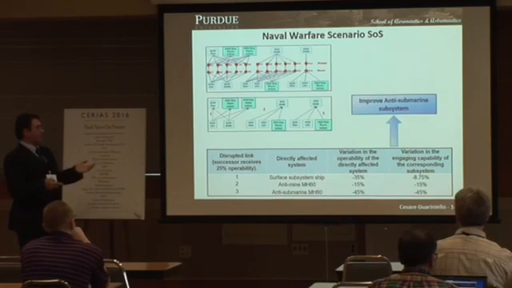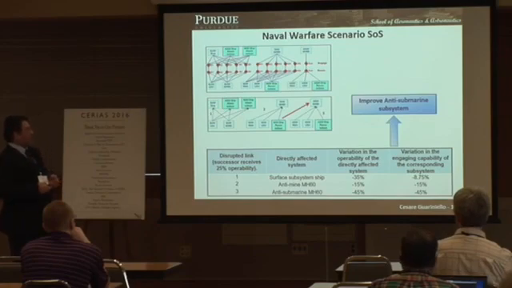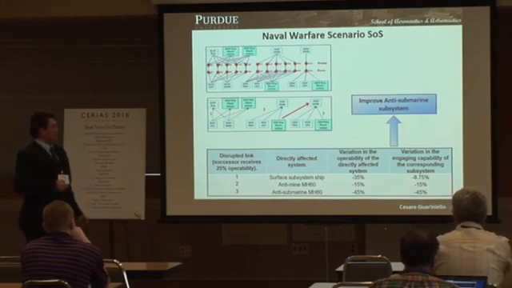In this case, it's simple: improve the anti-submarine subsystem. Since the problem was that we had only one system performing the task, but we also know that here we have a ship that can do reconnaissance of the submarines, let's have this ship help. So we have a different topology where this ship can also recon submarines and communicate.